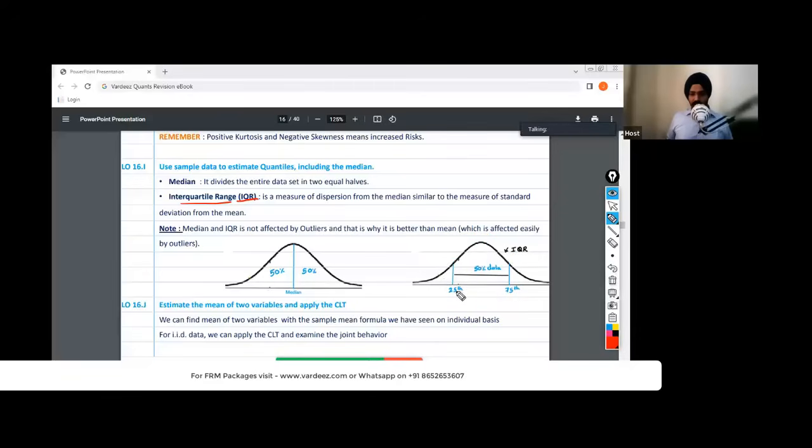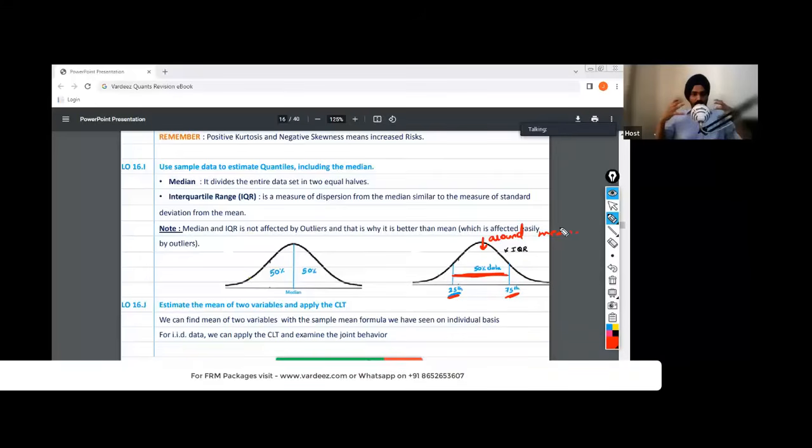So I can say that this is 25% of the data, and this is the 75th percent of the data. So the interquartile range divides the distribution into parts: the first is the 25th, quarter 1 and quarter 3, and then it tells you how much data is clustered around the mean.